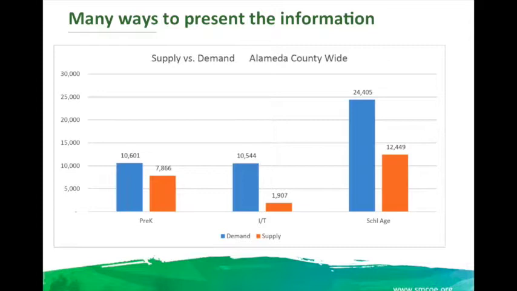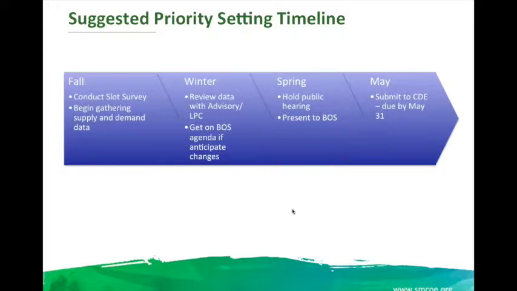So here's a suggested timeline. When it would be more manageable to do it would be, if you're going to do a slot survey, do it in fall, asking them to take a look at October or November, and then begin gathering the supply and demand data from the web, the AIR data browser, and other sources.